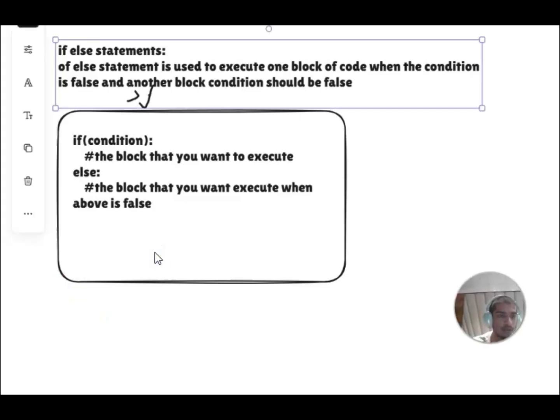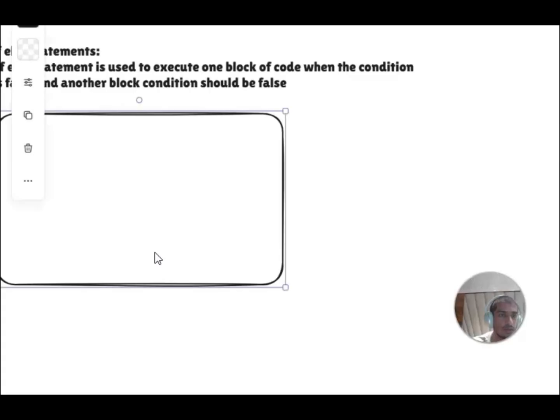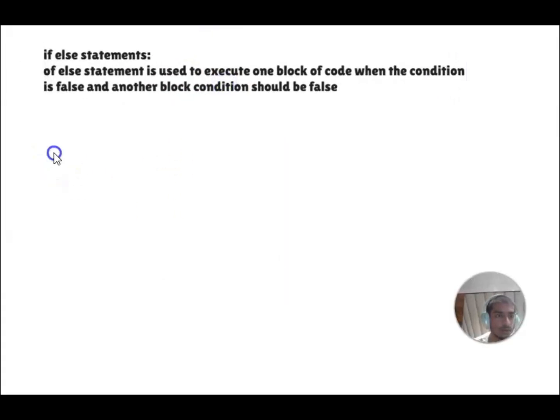Let's see with an example. Let's create a variable age, this time with a condition of age less than or equal to 12. Print travel for free.